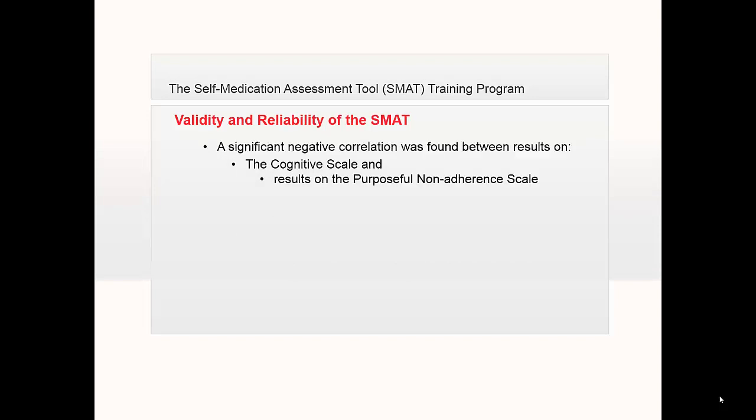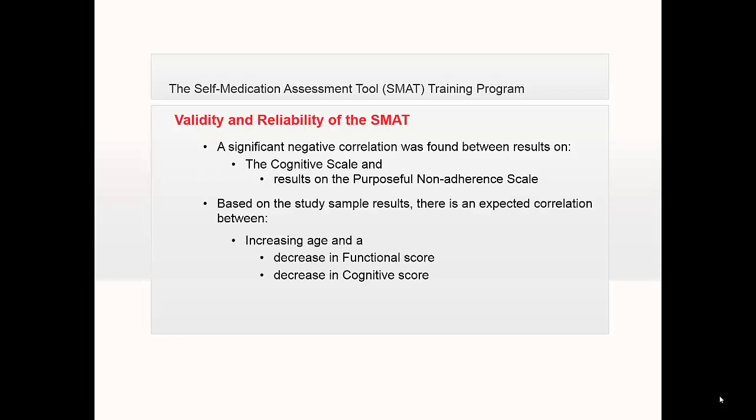During evaluation, a significant negative correlation was found between results on the cognitive scale and results on the Purposeful Non-Adherence Scale, as would be expected. Based on the study results, there is an expected correlation between increasing age and a decrease in functional score and in the cognitive score.